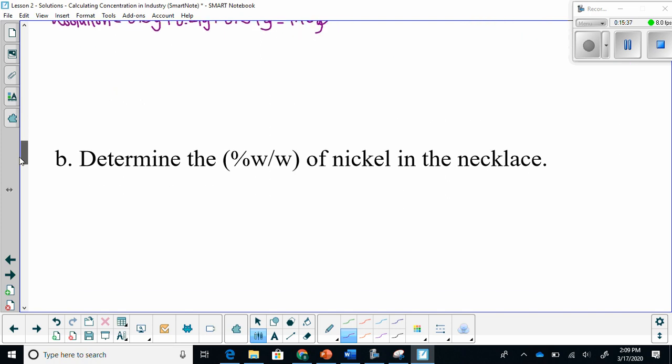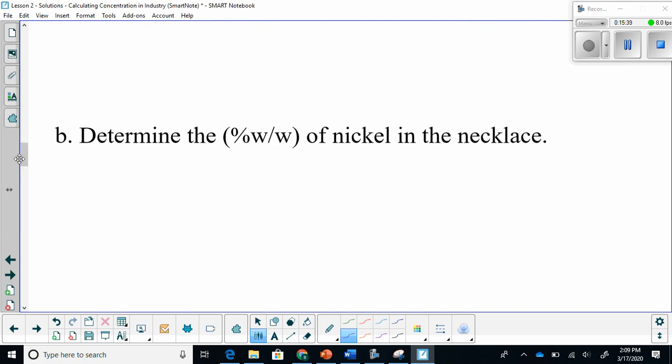nickel in this necklace. Okay, same necklace, but now we want to look at the percentage of nickel. So same formula, percent weight by weight is equal to the weight of the solute over the weight of the solution, which is the total mass, times by 100.